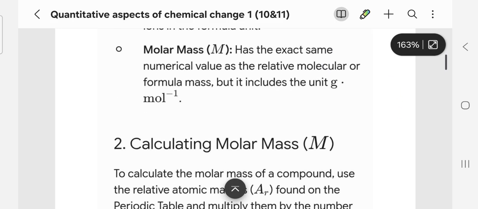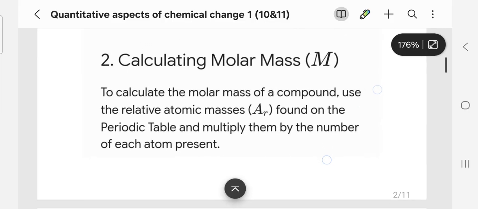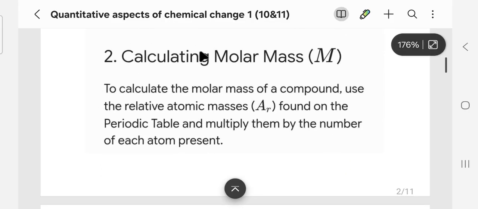Let's now move further. What we'll be doing now is actually calculating our molar mass, which is the capital letter M in terms of a symbol. But I want you to know that you can also calculate the relative molecular mass and also the relative formula mass. You calculate them the very same way we are going to calculate our molar mass.